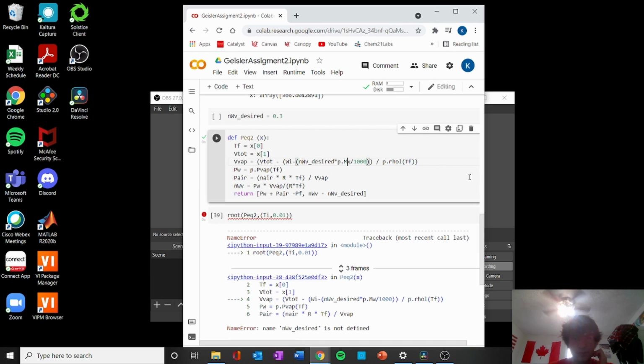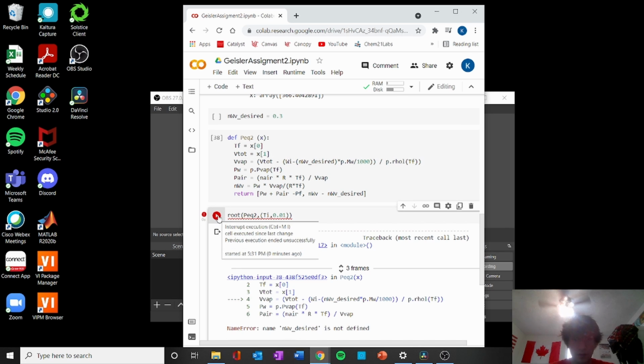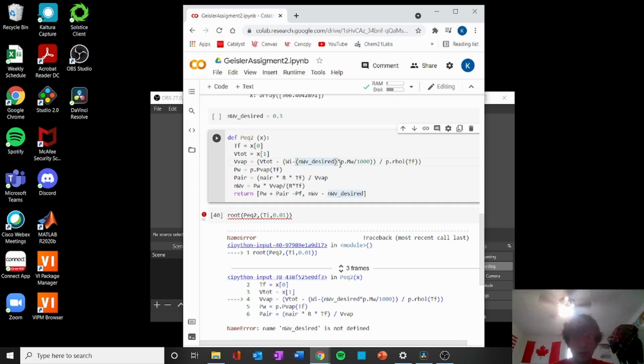Perfect. Let's try to put this one in parentheses. Let's try that. Okay, still not defined. That one closes that one in. This one closes this one in. Which one closes this in? Yeah, that should be right.